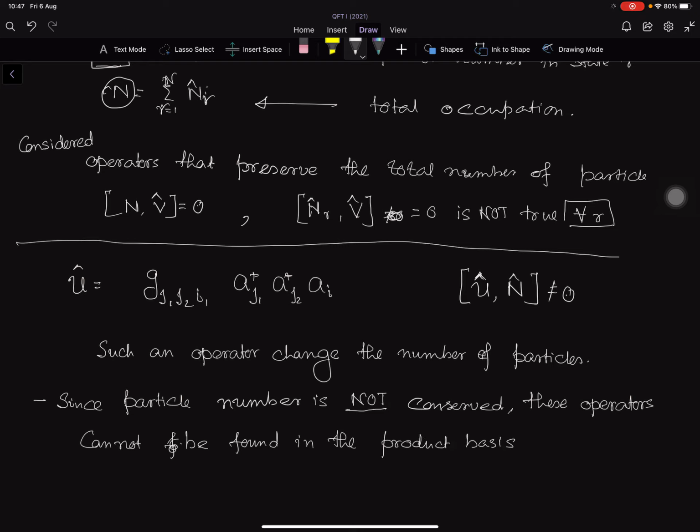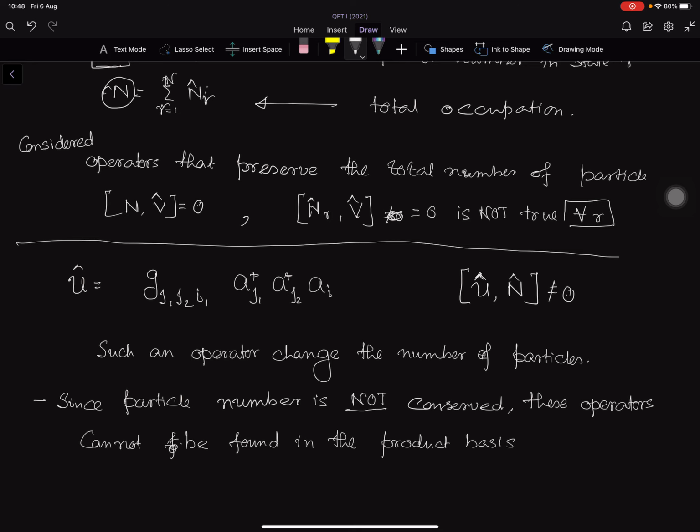Because the thing in the product basis is that it always preserves the number of particles. It is basically the number of particles on the left-hand side, on the bra, and the number of particles on the ket, they are always the same.